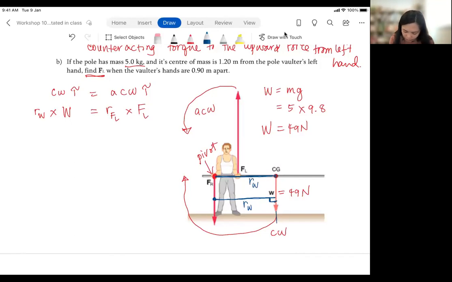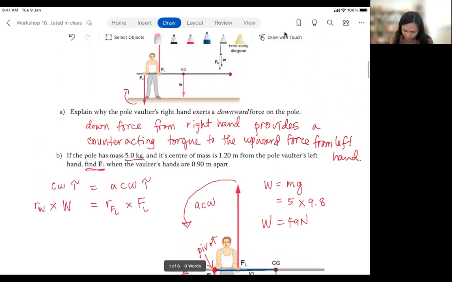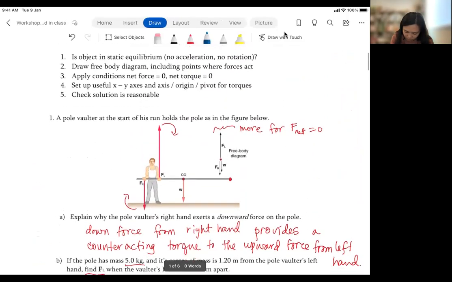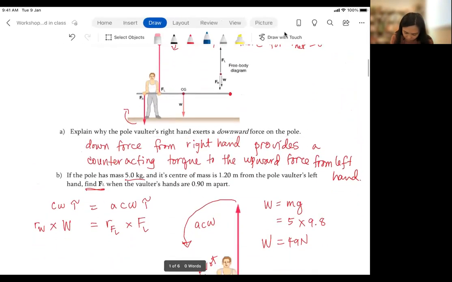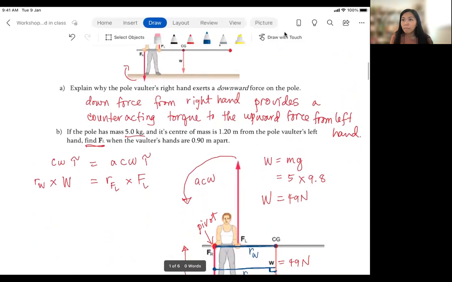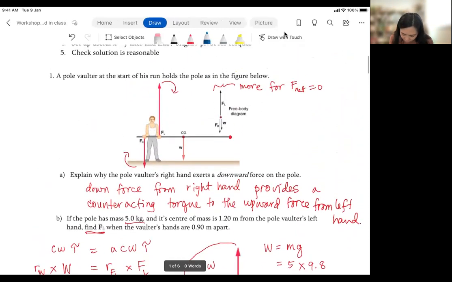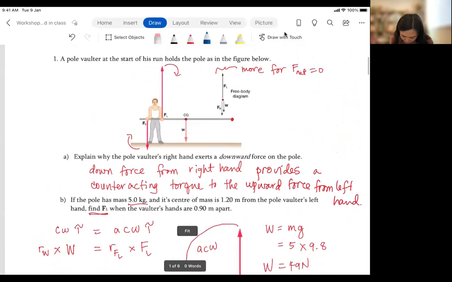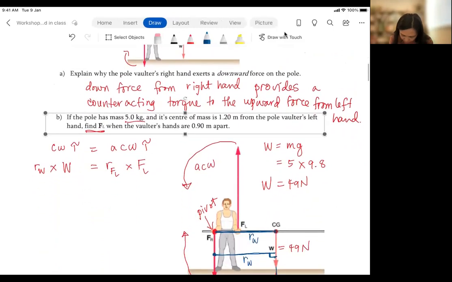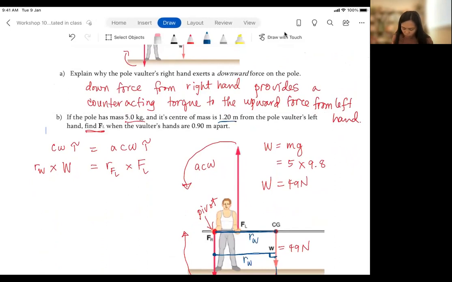We're given that the pole vaulter's hands are 0.90 meters apart. And the pole has its center of mass at 1.20 meters.